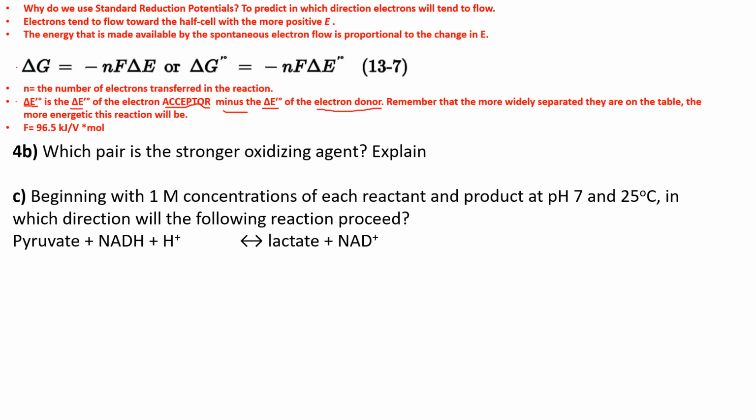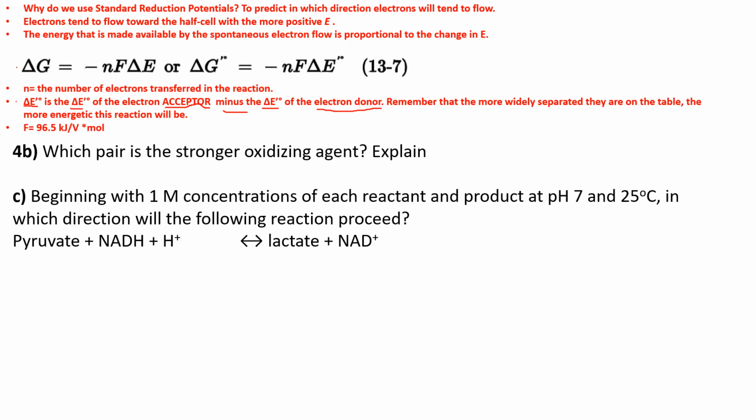So whenever you're given a problem, you know that you need to subtract the standard reduction potential of the electron donor from that of the electron acceptor. Remember that the more widely separated they are on the table, the more energetic this reaction will be. And F is just 96.5 kilojoules per volt mole.